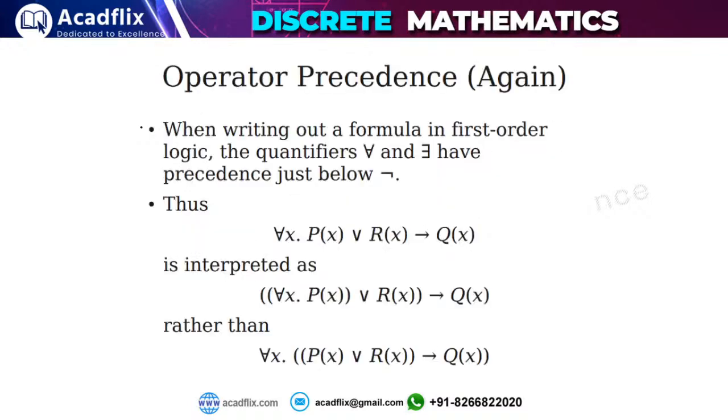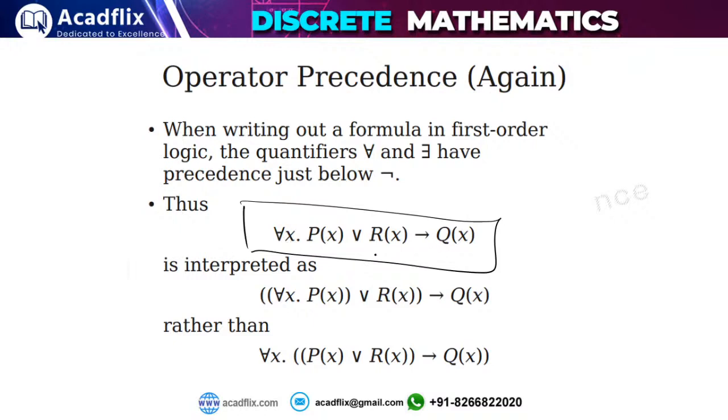So this is what we mean by priority or precedence. For example, you can take this example: for all x, p or q. If you have this formula, then it means that you will do the for all first. Why? Because this for all quantifier has more precedence than disjunction. Okay, so this is the meaning of precedence. So for example, let's assume you have this formula: for all x, px or rx implies qx.